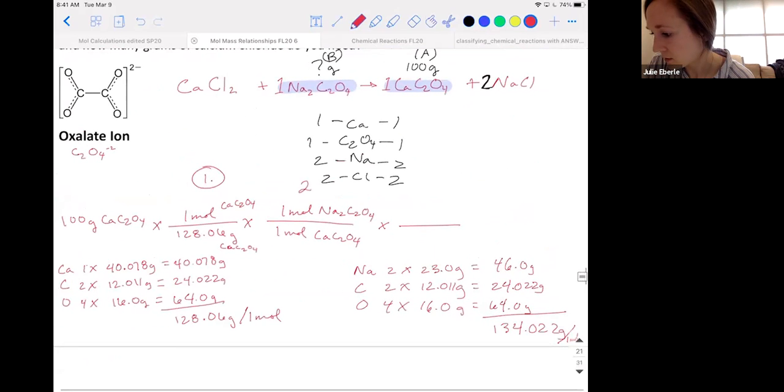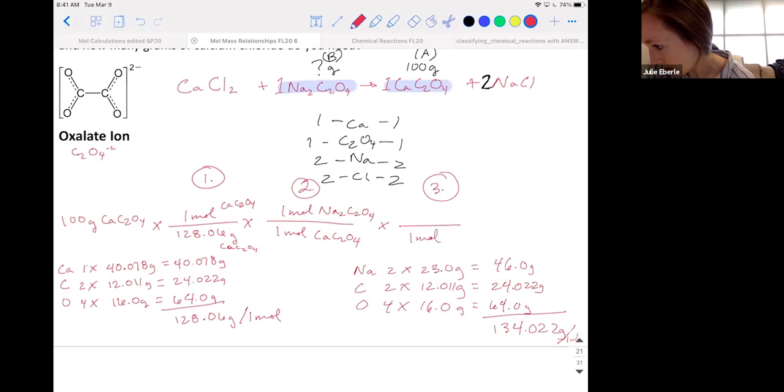That was step number 2. And step number 3 is plugging in the molar mass for sodium oxalate. I want moles to cancel because I want to end up with grams. So I've got to put 1 mole on the bottom of the sodium oxalate, and then it's 134.022 grams.